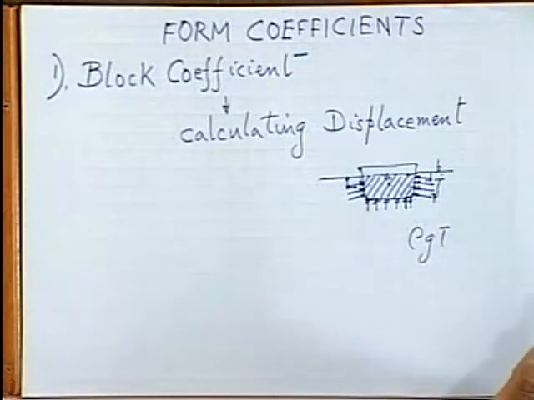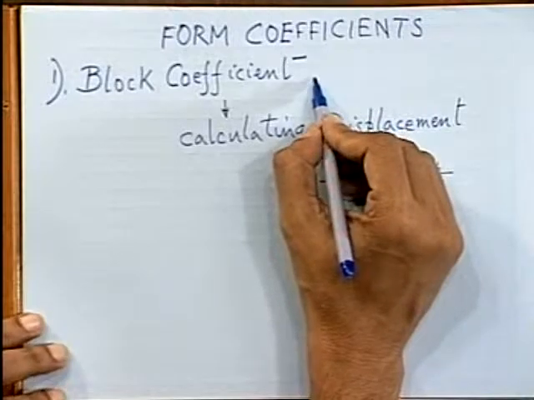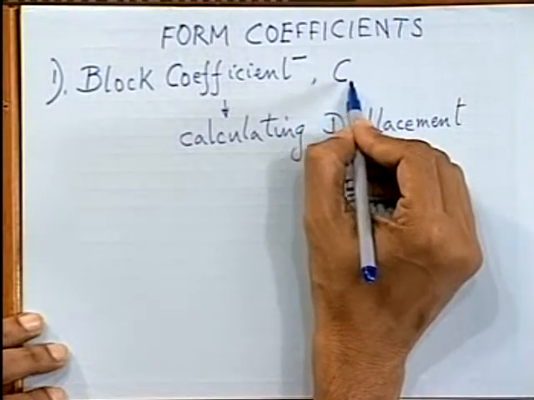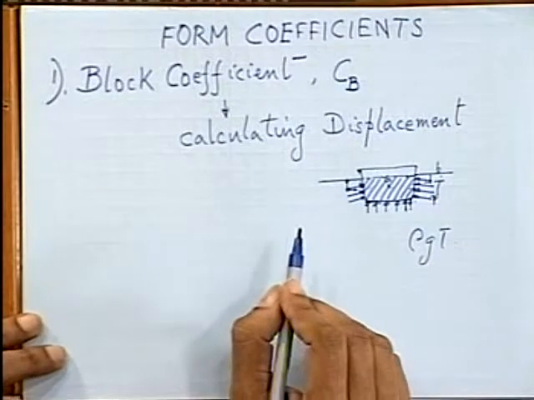Now this displacement you can calculate from this block coefficient. This is called CB, or coefficient of block.